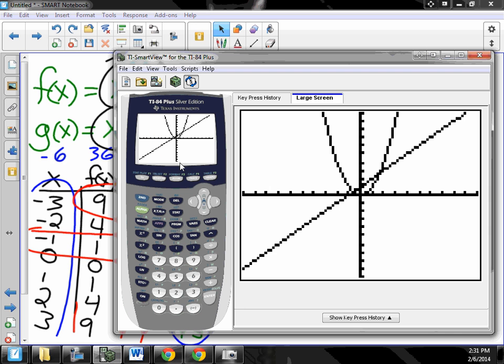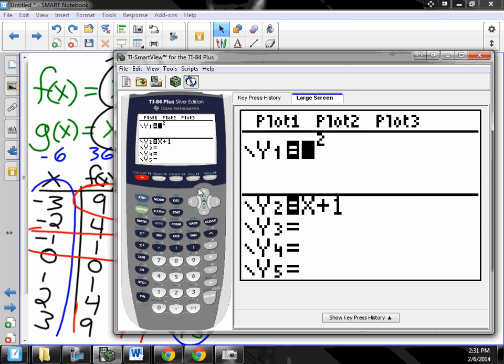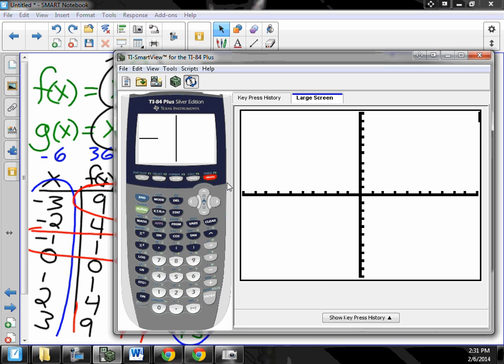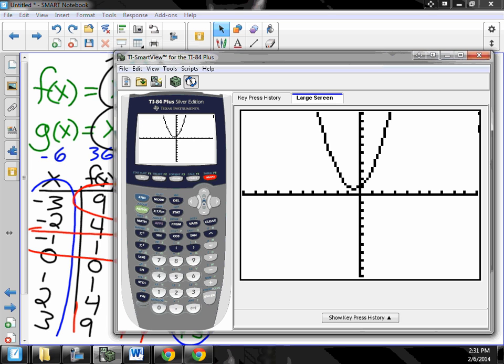So let's change this to x squared plus x plus 1. Go down. And we'll do, oh, I don't need that other one. Okay, let me take a picture of this, and then I can make it see-through.